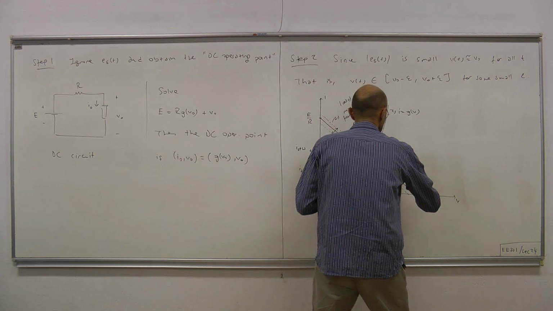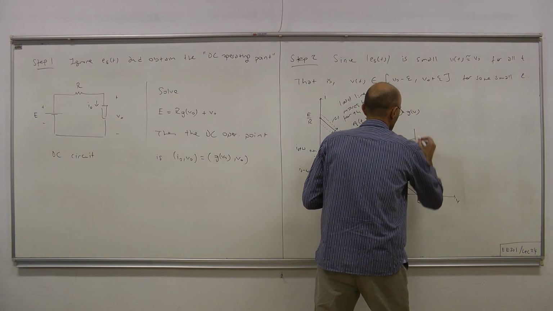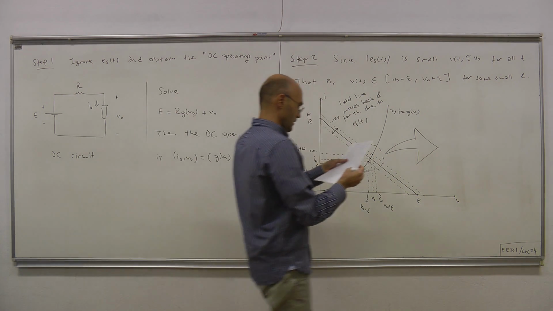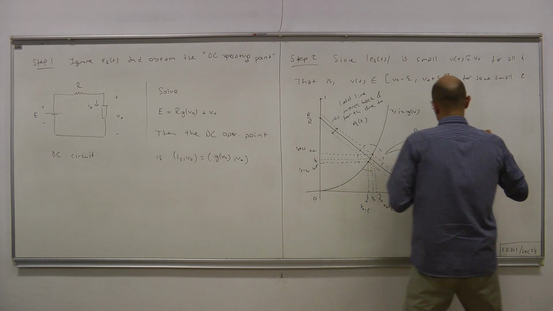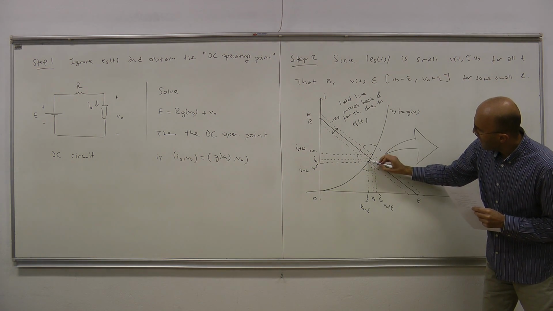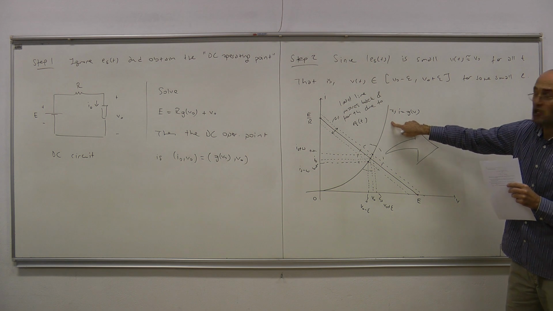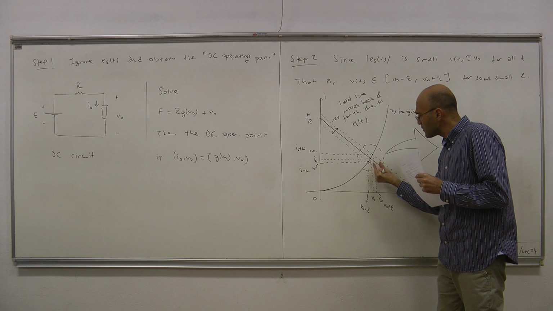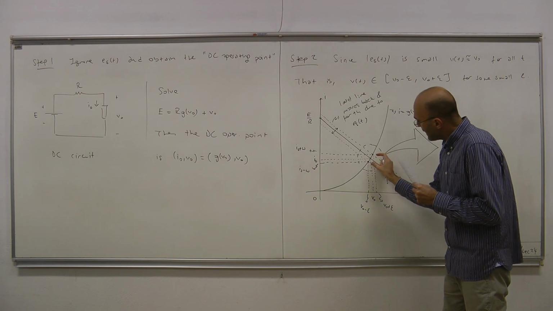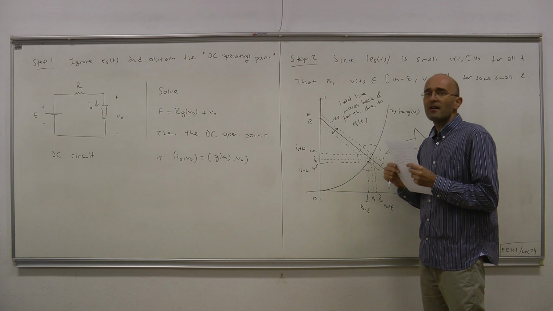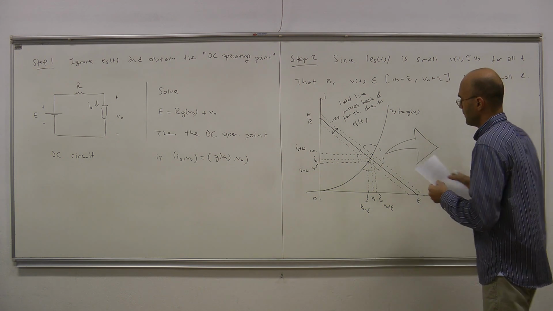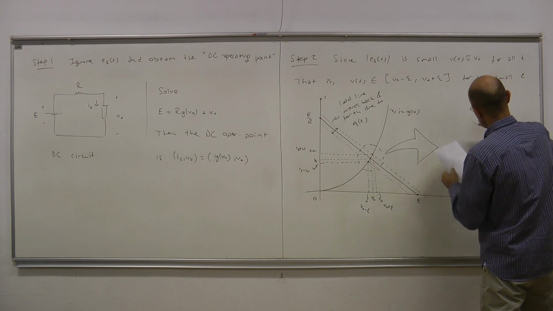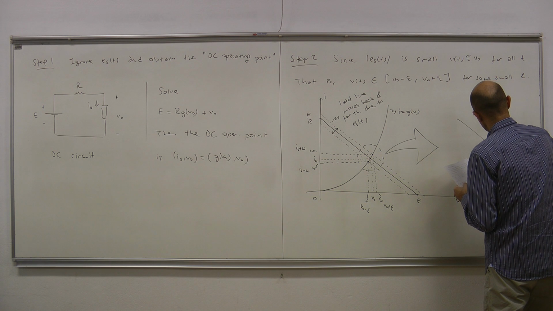Now if we enlarge that section of the graph, what we're going to see is a piece of this nonlinear curve, but since it's confined to a very small area, that nonlinear curve we can approximate with a line. Here we have another line, the load line.